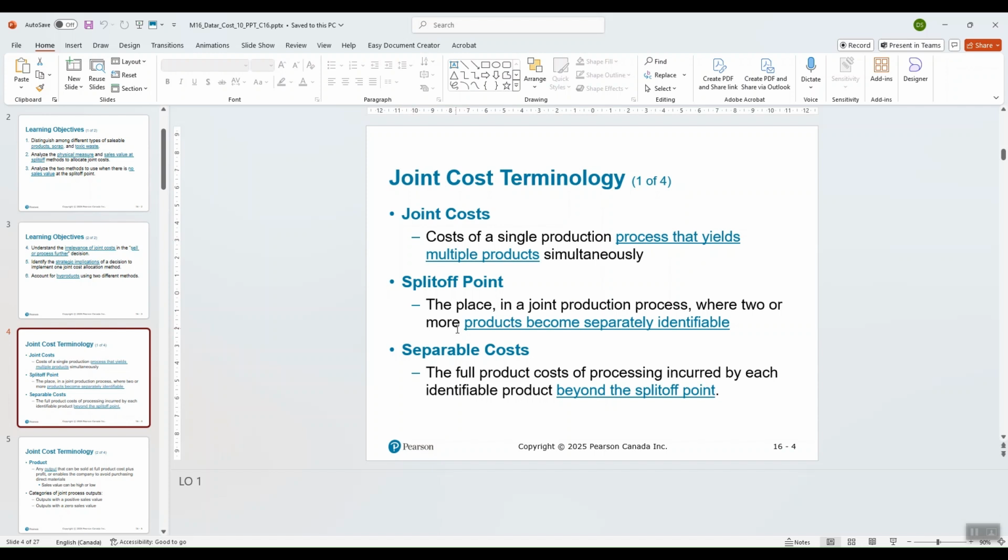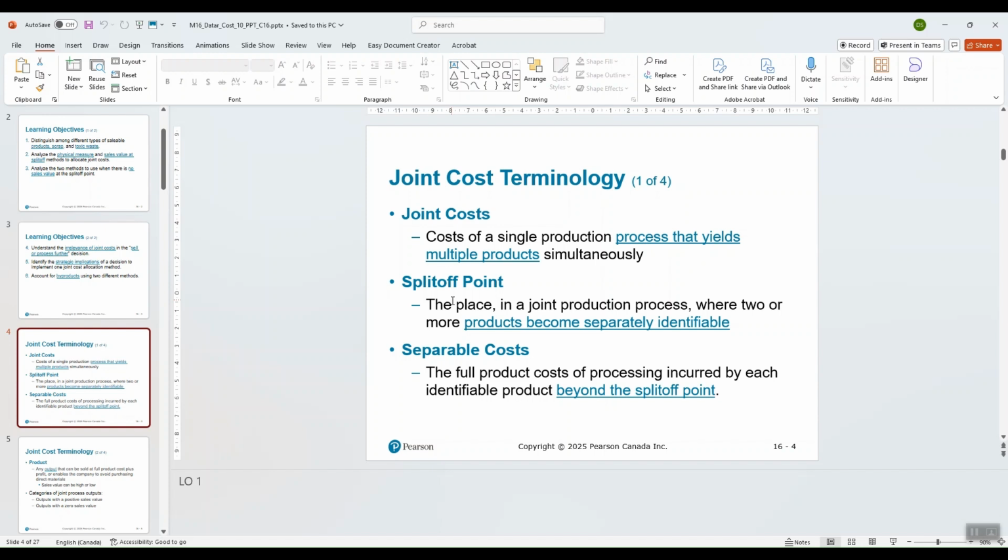The split-off point is when you have spent the joint cost, and after that you have ended up with two or three products, and from that point any money you spend is going to be on a particular product that you're developing. So the split-off point is where you know the product is ready, and now you start spending money to process that particular item.